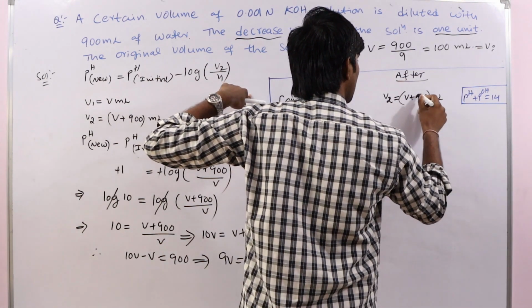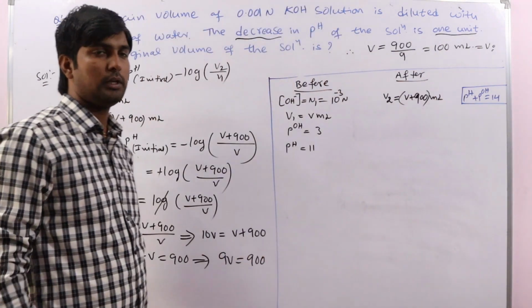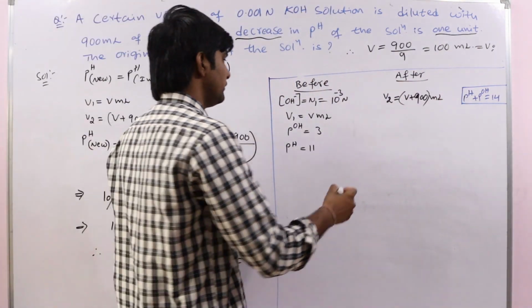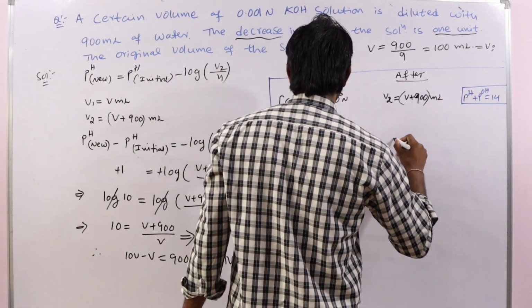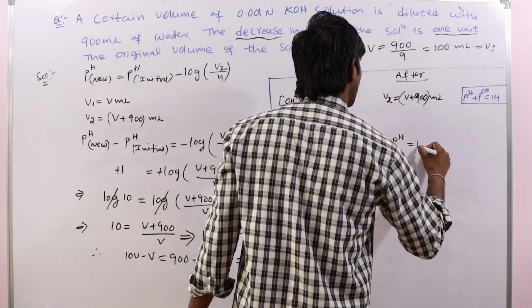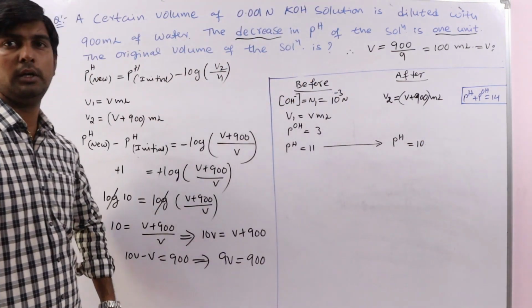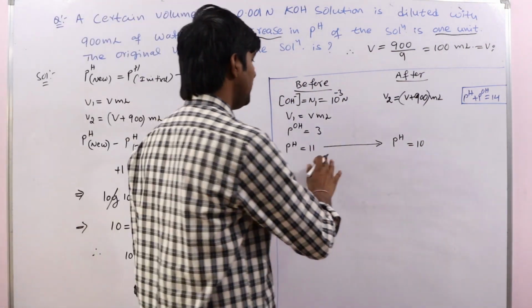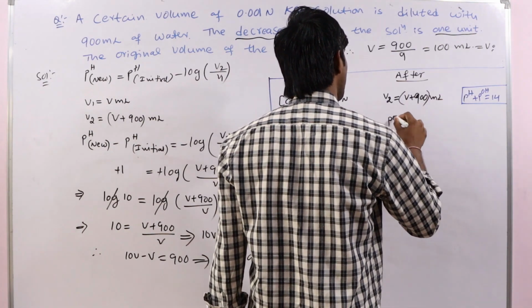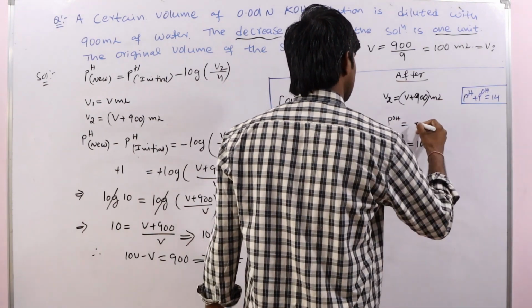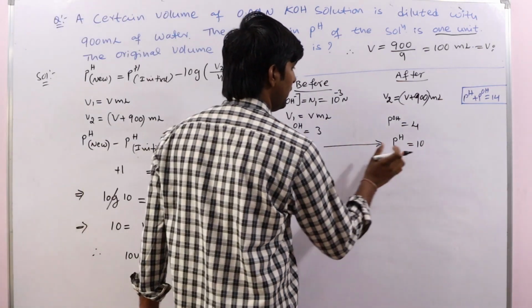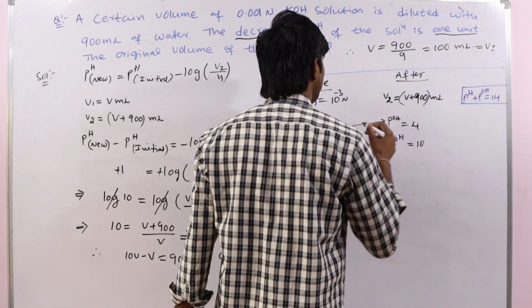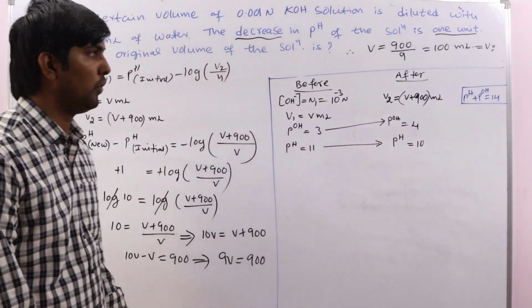Yes or no? And see here, new pH decreases by 1 unit, so pH will be 10, then pOH will be 4. Yes or no? pH changes from 11 to 10, at the same time pOH changes from 3 to 4.